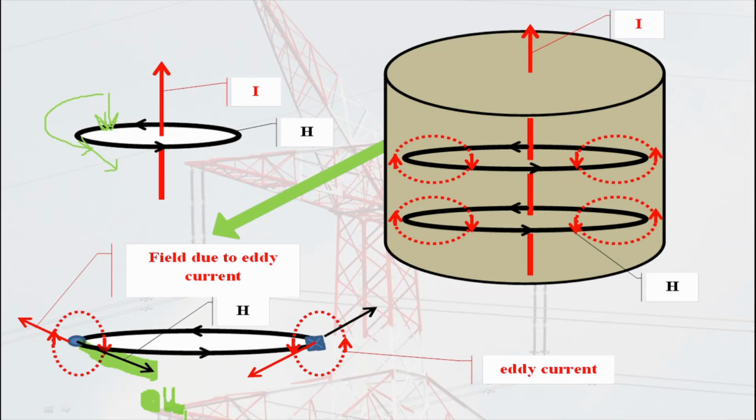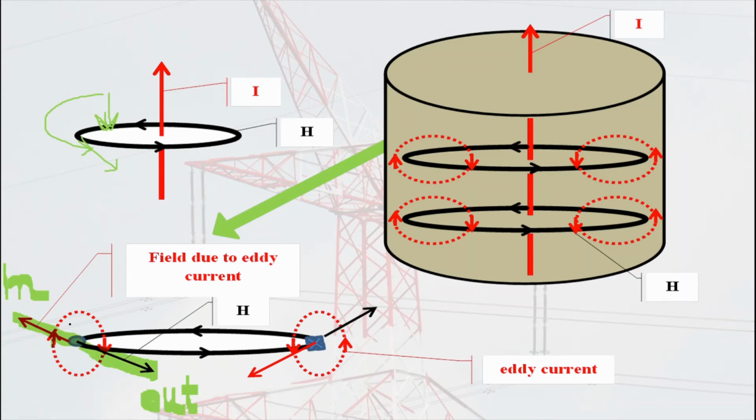So the field due to the eddy current must be inside the screen, meaning it must be going inside your computer screen. Only in that case will this eddy current oppose the main field H. So the direction of the eddy current loop must be such that it creates a field which opposes the main field. For this reason, the direction of the eddy current loop must be clockwise.